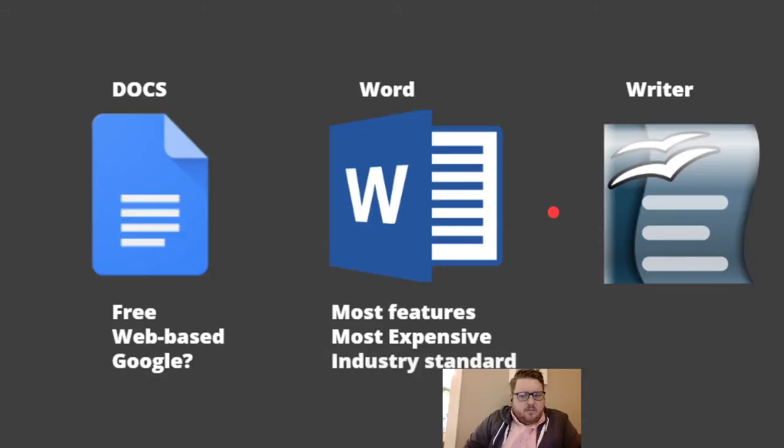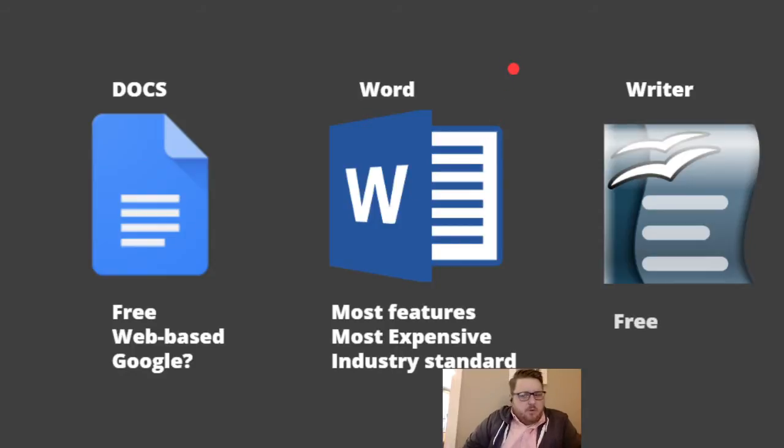And I should say Microsoft Word is the industry standard. Even when you're saving something in Google Docs, its default is to save it as a Word document because they recognize that most people are going to be opening whatever you write with Docs with Microsoft Word. That's just how dominant it is.